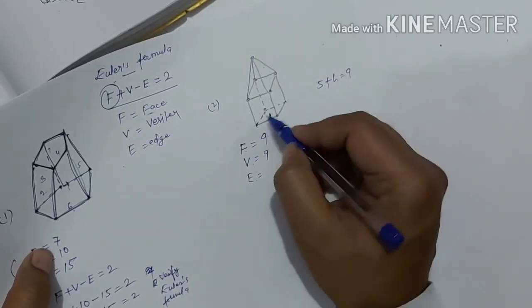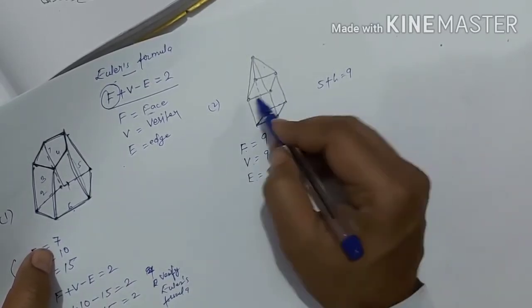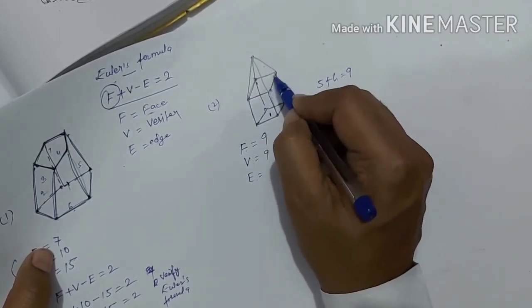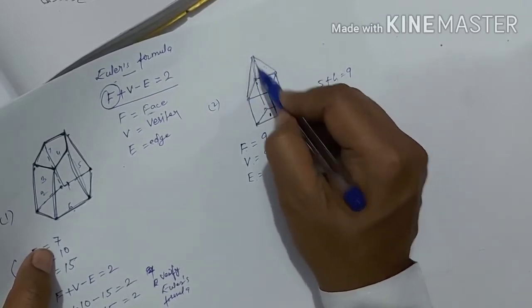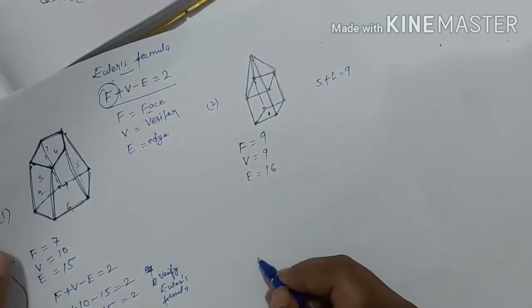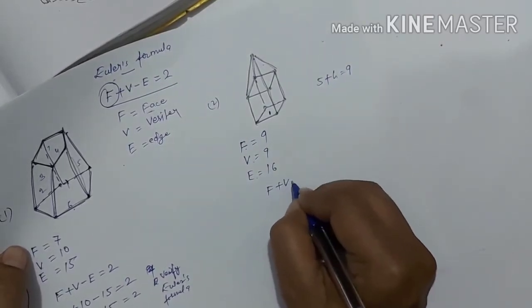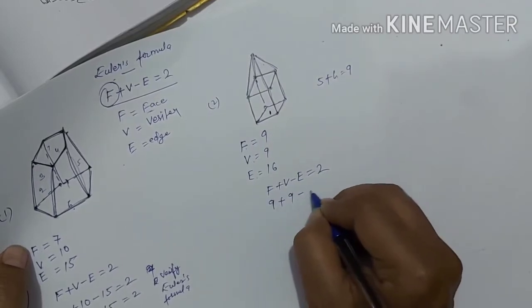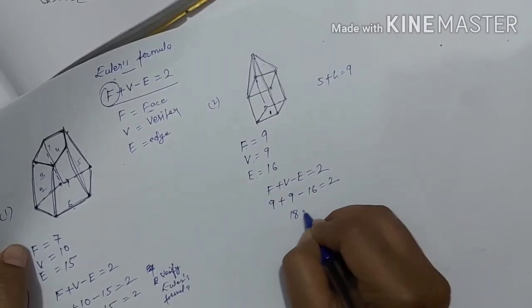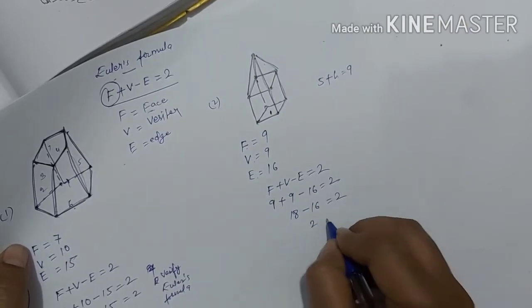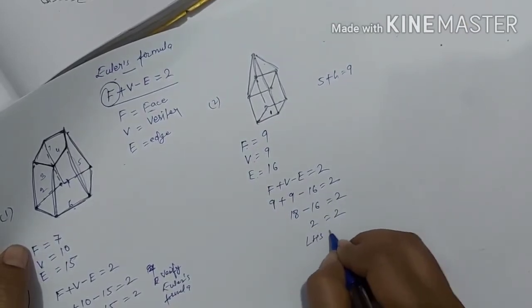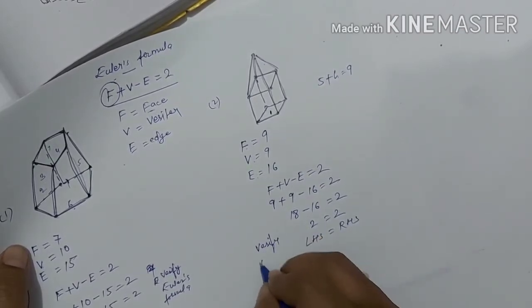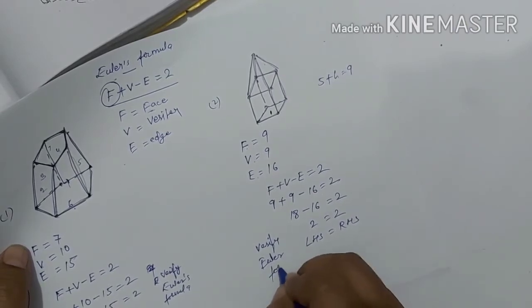And edges 1, 2, 3, 4, 5, 6, 7, 8, 9, 10, 11, 12, 13, 14, 15, 16. Now put the values: F plus V minus E is equal to 2. F is 9 plus V is 9 minus 16 is equal to 2. 18 minus 16 is equal to 2. 2 is equal to 2. That means left hand side value is the right hand side value. It means that we verify Euler formula.